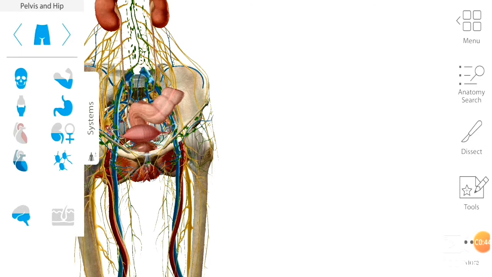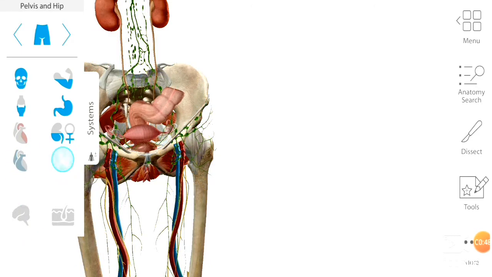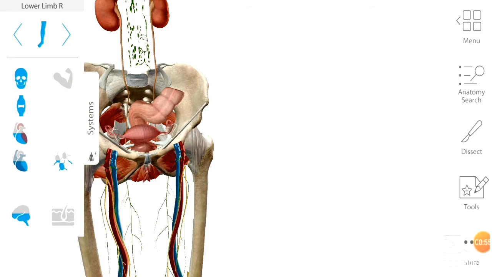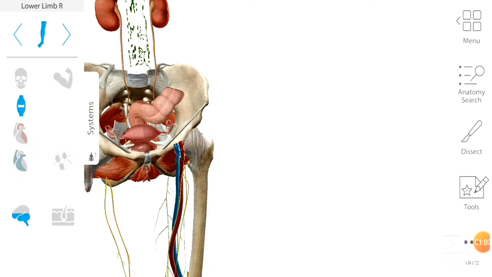So I am going to remove the skeletal system and the neurovascular system of the back of the abdomen region. I am going to remove the neurovascular system of the pelvis, to understand the contents of the pelvic inlet and the musculature of the perineum itself.